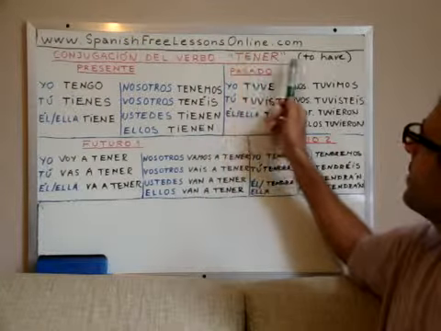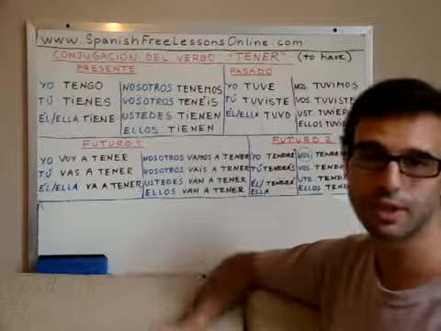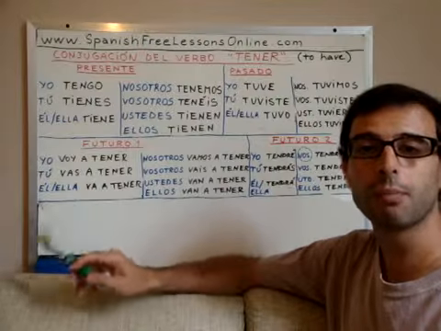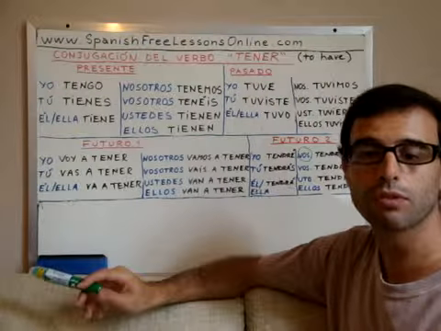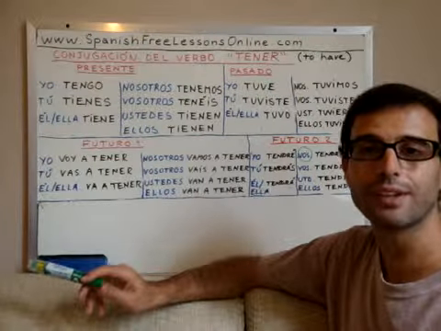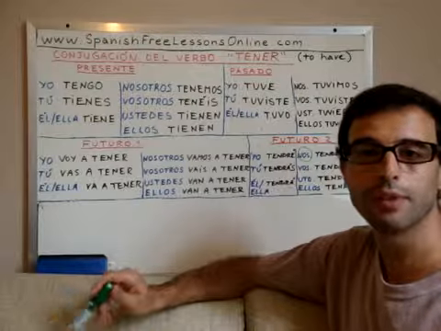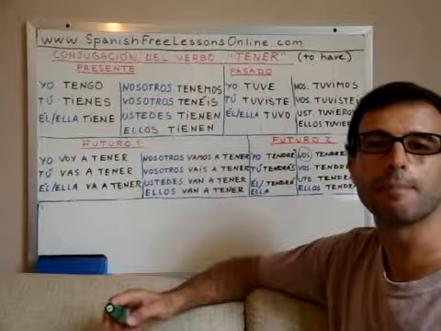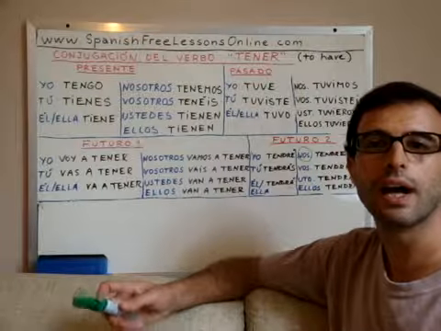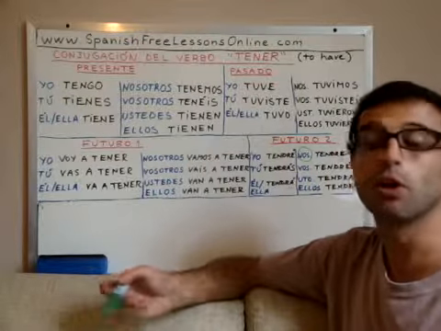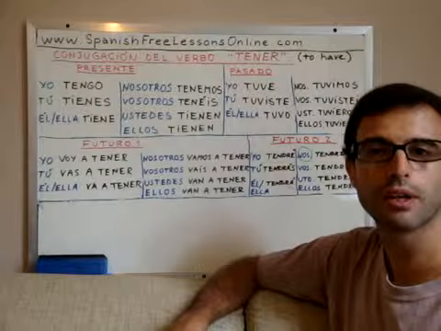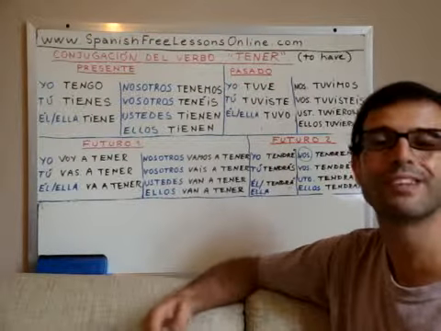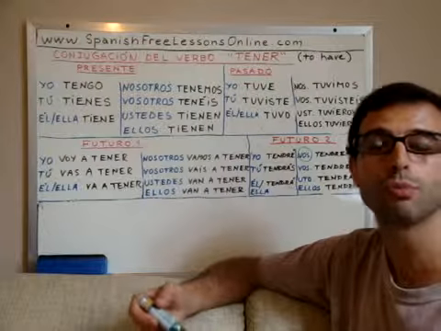Verb tener is to have, right? However, verb tener also applies to situations where in English we use a verb to feel. Why? Because if we say in Spanish, I feel cold, for example, we don't use a verb to feel, right? That would be sentir. That would be the Spanish verb to feel.